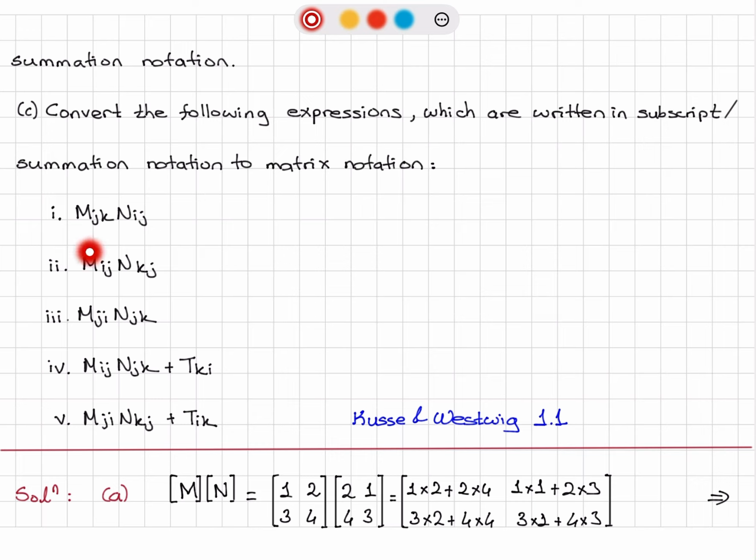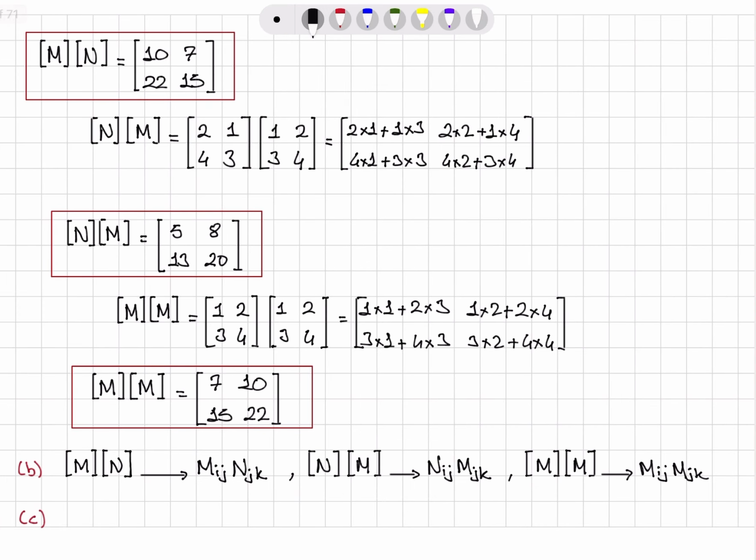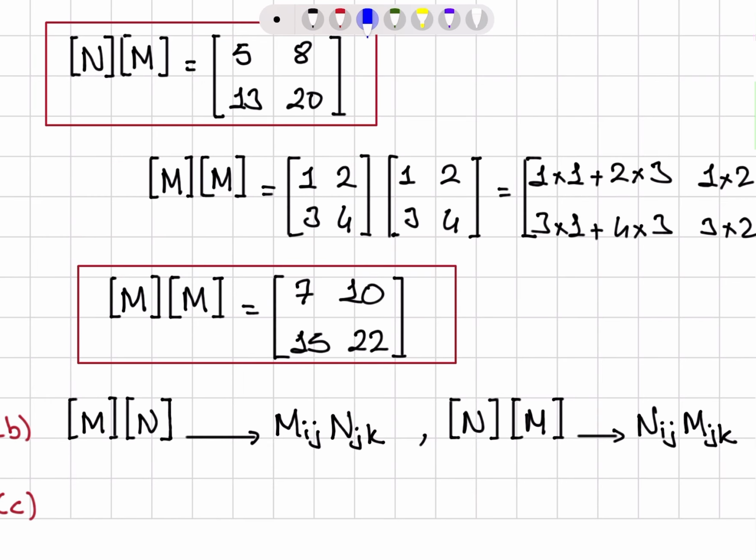Now we're going to convert these expressions to matrix notation. So what is the meaning of these expressions? Let's start with the first one, Mjk Nij. You see we have a common index here, the j index. This is just the product of two numbers, so I can change the order: Nij Mjk.